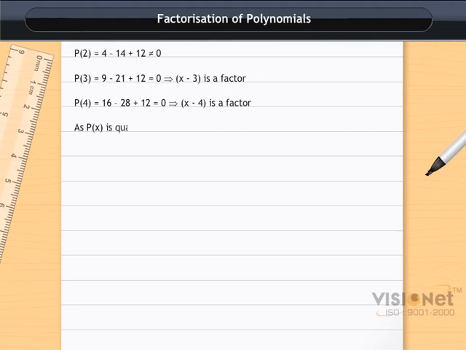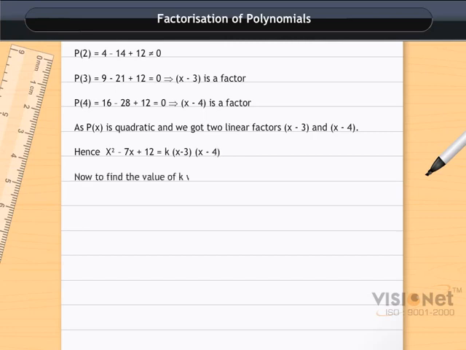As p of x is quadratic and we got two linear factors x minus 3 and x minus 4, hence x square minus 7x plus 12 is equal to k into x minus 3 into x minus 4.